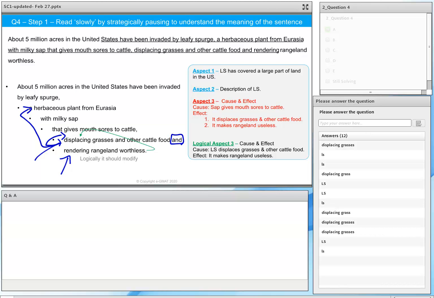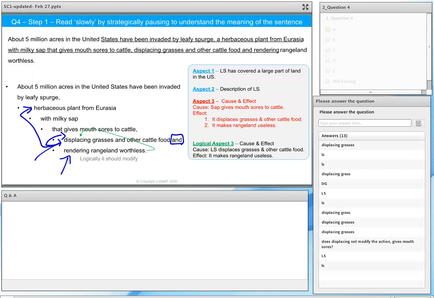It is the displacement of grasses and cattle food by the leafy spurge. Because leafy spurge is displacing all the grass and cattle food, no cattle will go there to eat, and that's why these pasturing grounds become worthless.